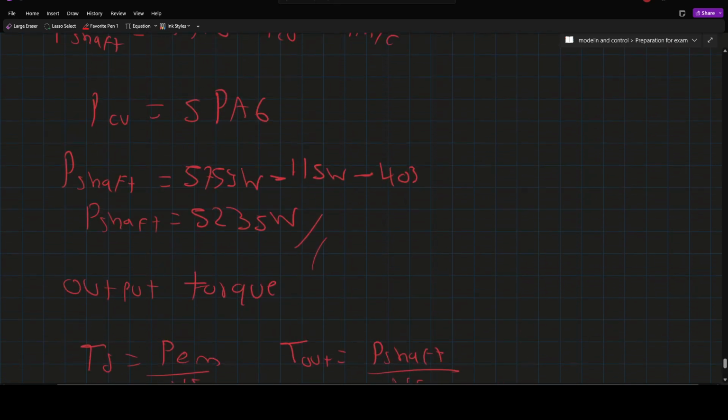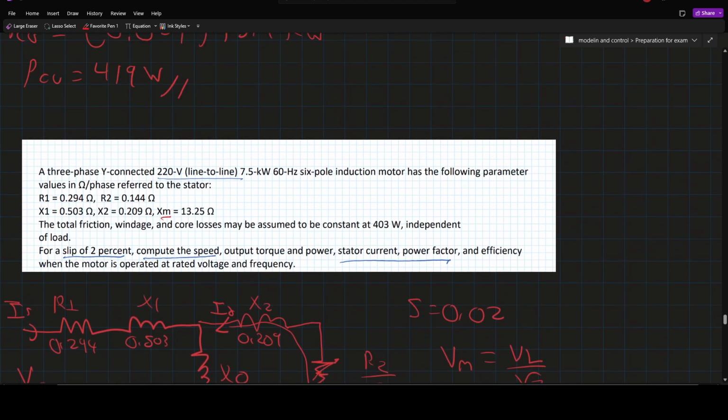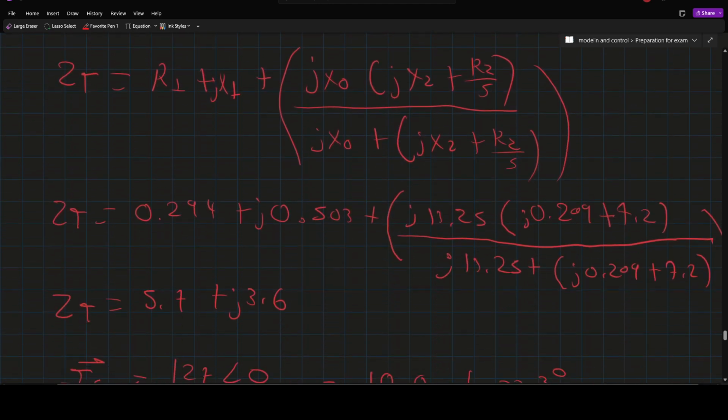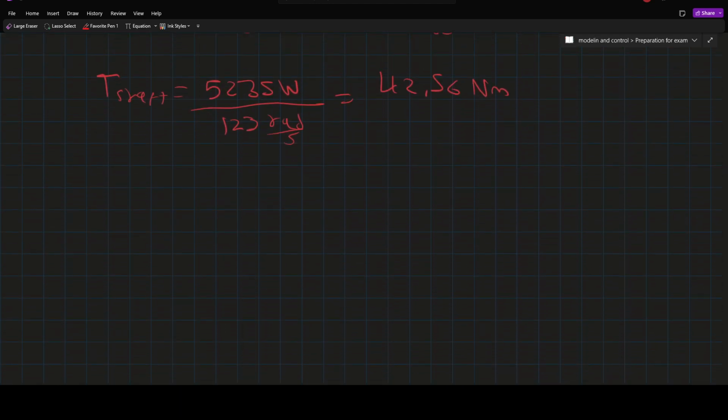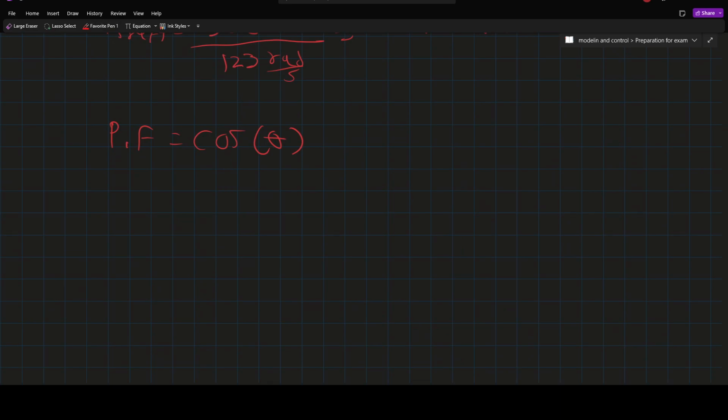Now they are also asking us to figure out the power factor and the efficiency. Okay, so we know that our power factor is equal to the cosine of the angle of the stator current.